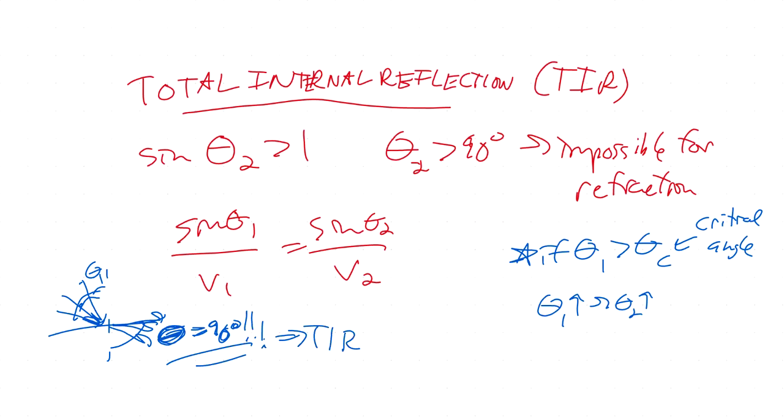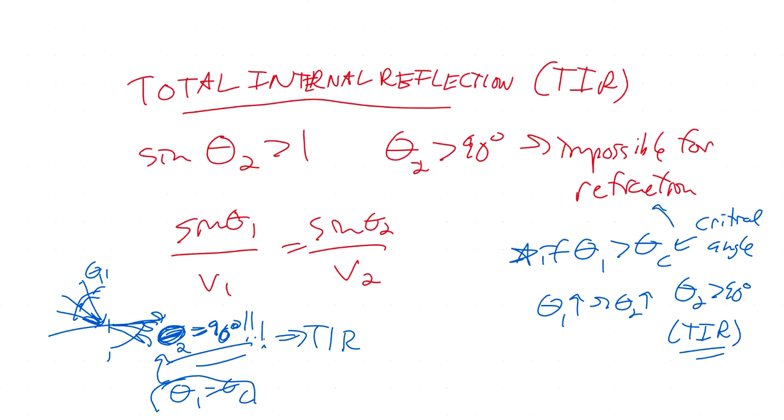So theta 1 equals the critical angle when theta 2 is 90 degrees. And if theta 1 is bigger than that critical angle, then theta 2 is greater than 90 degrees, and of course we get TIR, the impossible situation for refraction to happen.